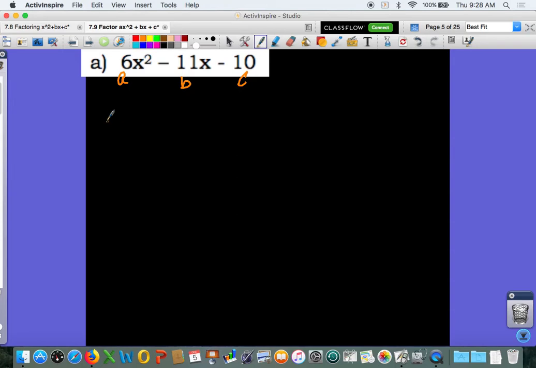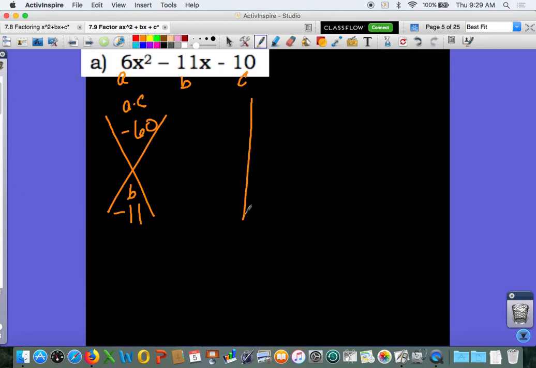Okay? Then go to your X. Well, what goes on top of our X? We said A times C. So 6 times negative 10 is negative 60. On the bottom is your B, which is negative 11. Think back to yesterday's lesson. We were told we have to find factors of 60.